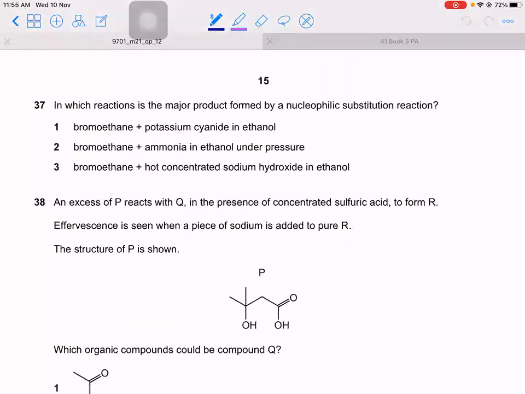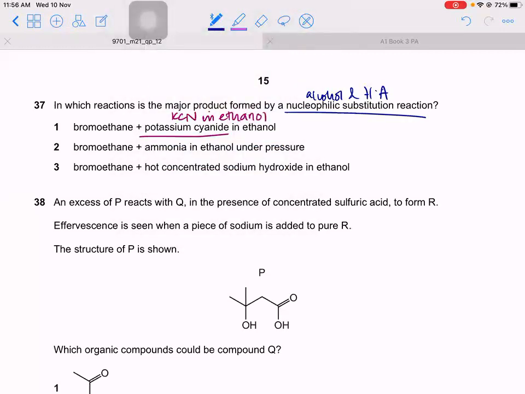In which reaction is a major product formed by nucleophilic substitution reaction? So nucleophilic substitution happens in alcohols and halogenoalkanes. Bromoethane plus potassium cyanide in ethanol. So bromoethane with KCN in ethanol.